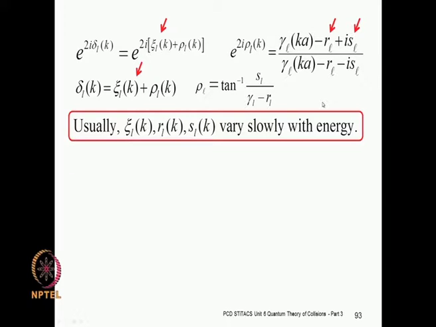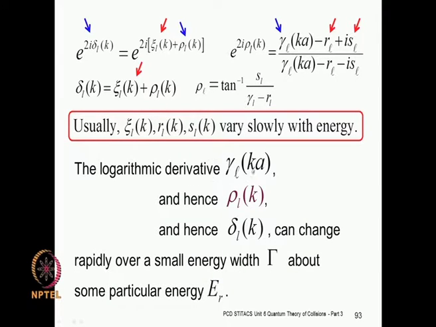What is happening at the resonance is that this gamma changes rather dramatically, as a result of which rho changes dramatically, as a result of which the net phase changes dramatically, and the net phase ends up going through a change in pi.